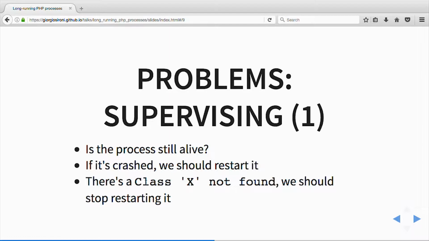So supervision systems, for example, try to implement strategies where they restart a process a certain number of times inside a certain time interval, for example, 10 times in 30 seconds. But if they have to restart it too much, they just stop and fire up an alert, because evidently the restarting is not working. So supervision is not something so simple. It seems simple at first, just to restart everything, but it becomes more complex.